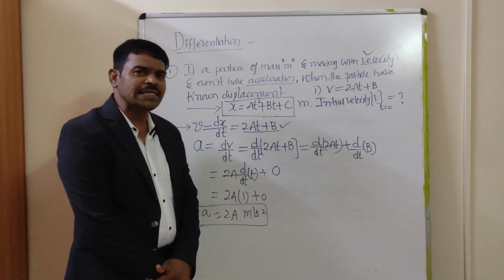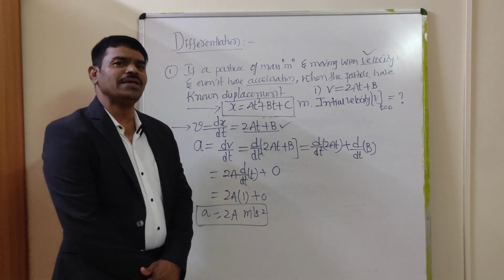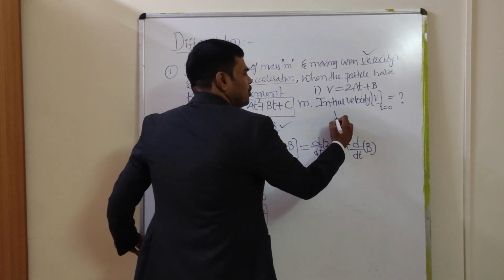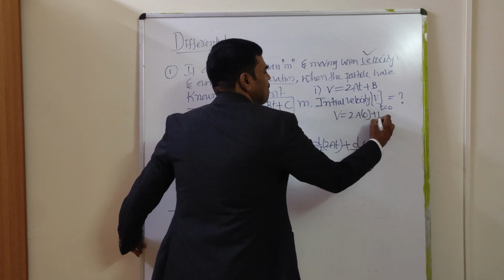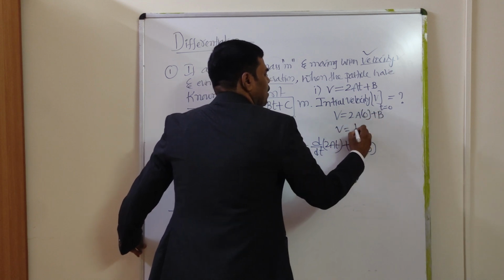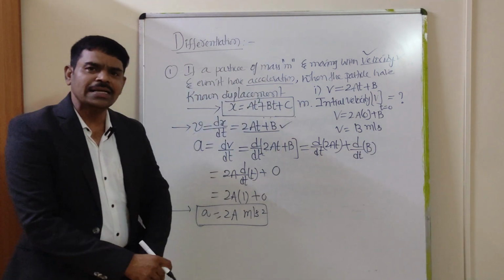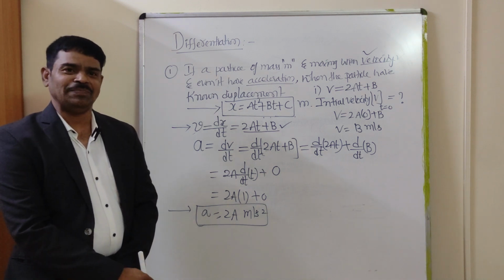I think it is easy to give the answer. You have to replace t by 0. So what is the velocity now? v is equal to 2a into 0 plus b. v is equal to b meters per second. That is the velocity of the particle initially.